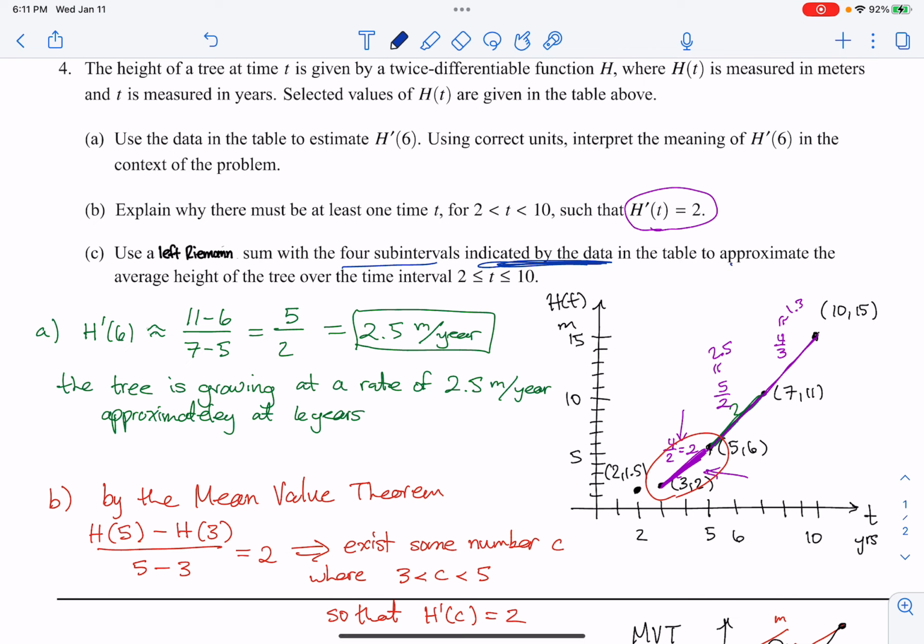They also want us to approximate the average height. And once we get to the end of the calculation, I'll have y'all think about this a little bit more, but just realize that the Riemann sum that we're going to do here, if you notice what we're doing, we're essentially taking meters times time, or meters times years. And so the answer that comes out of our Riemann sum is not going to be a height.